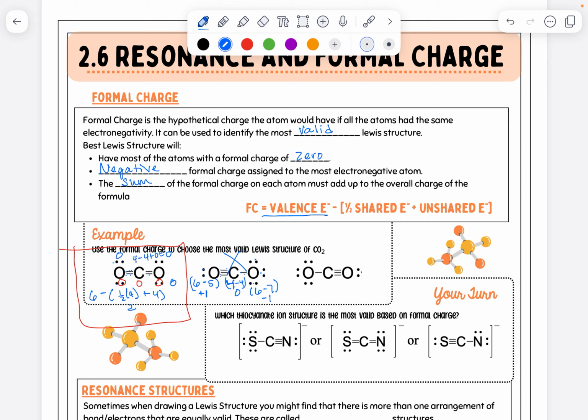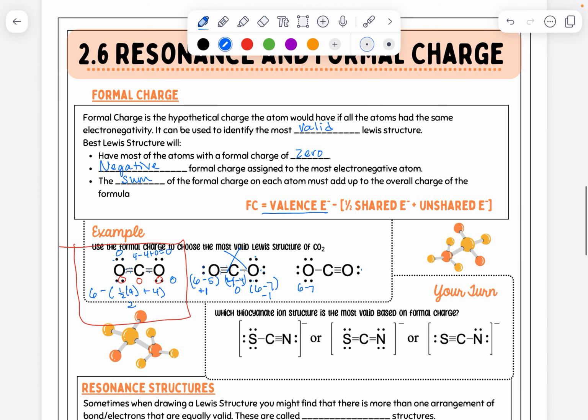Again, oxygen has 6 valence electrons. We just did it on this side here. It's the same thing. So 6 minus 7 gives me a -1. This carbon has 4 valence electrons, and I've got 1, 2, 3, 4, or half of 8, which is equal to 0.